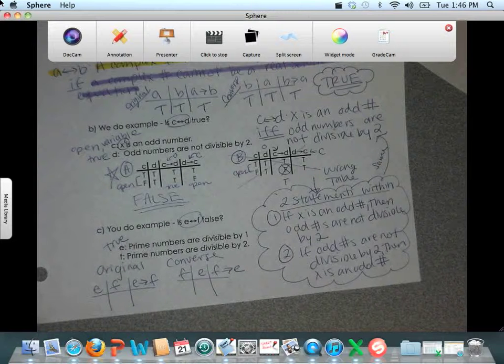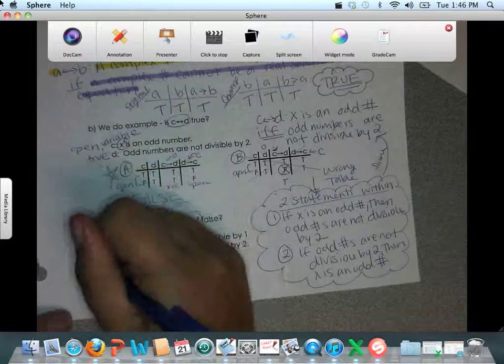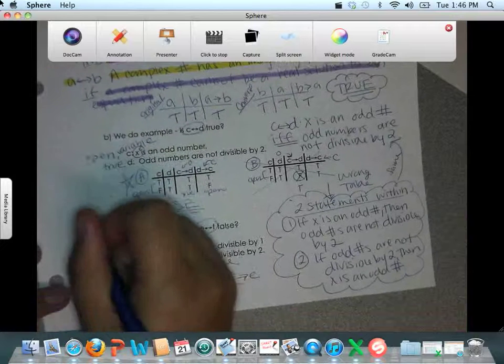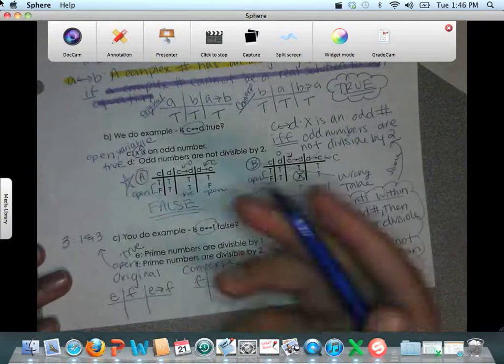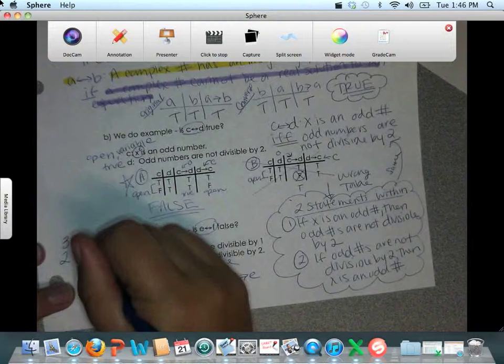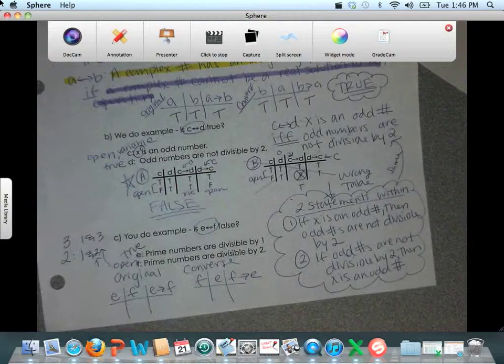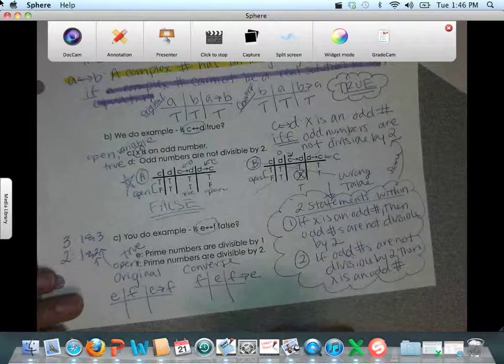Prime numbers are divisible by 2. That is open, all right? Because remember, the number 3, you could do 1 and 3, so there's no 2, but the number 2, there is a 2. So even though there's only one example that proves that, it's still possible to be true and false.